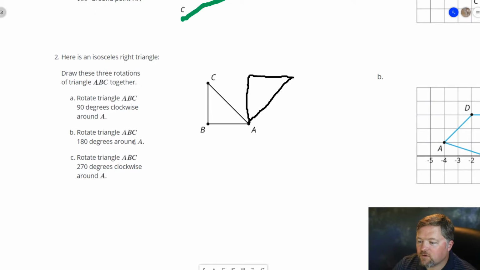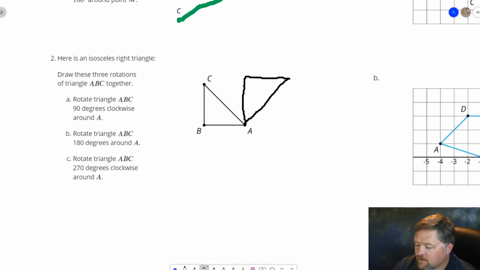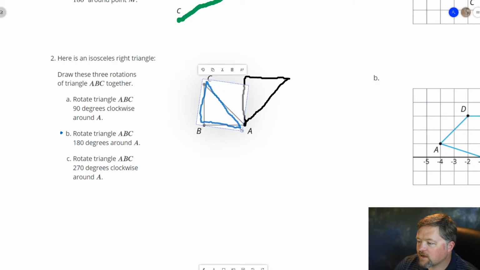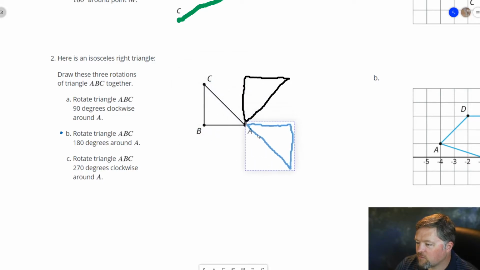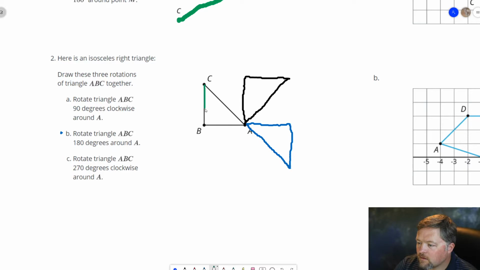Rotate triangle ABC 180 degrees around point A. Let me trace this again. We'll do that one in blue. So this time we're rotating it 90, 180 degrees around point A. Okay, now we're rotating it 270 degrees clockwise.